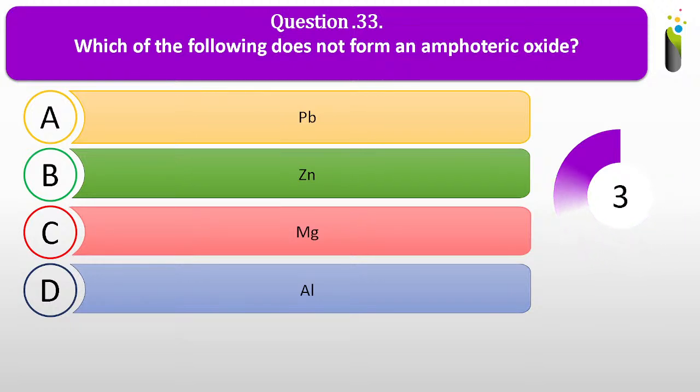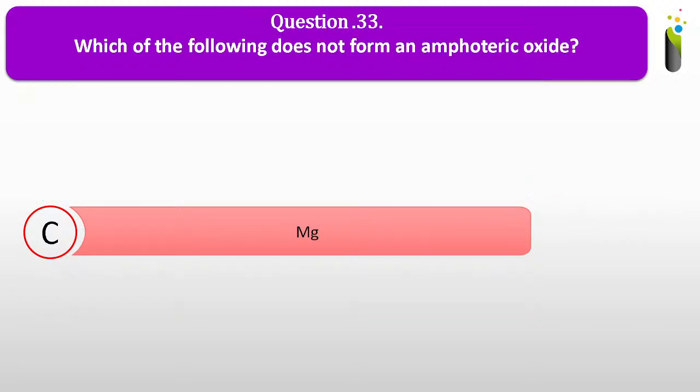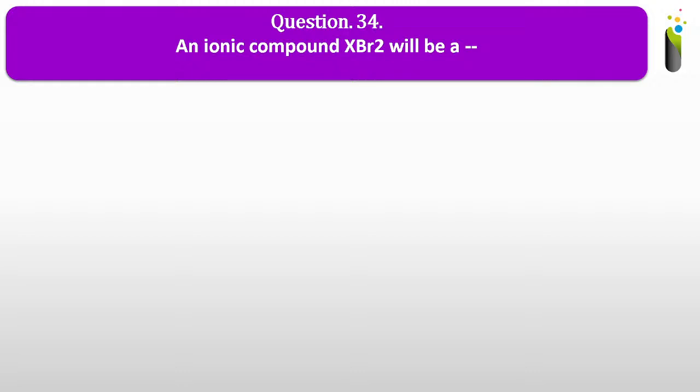And the correct answer for this question will be C, Mg. So Mg does not form an amphoteric oxide. Question number 34. An ionic compound XBr2 will be a dash.